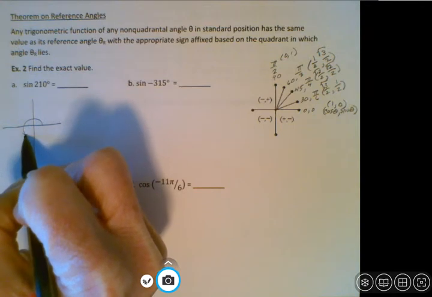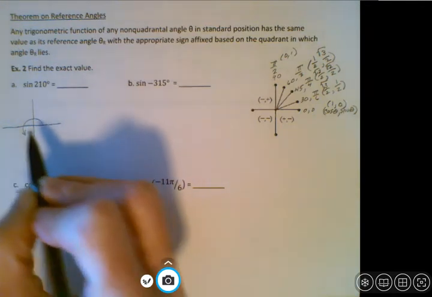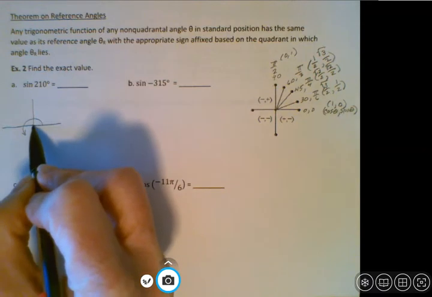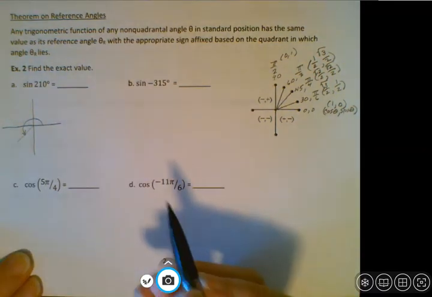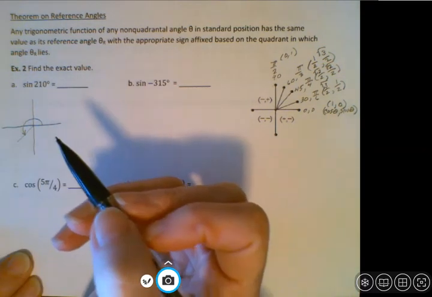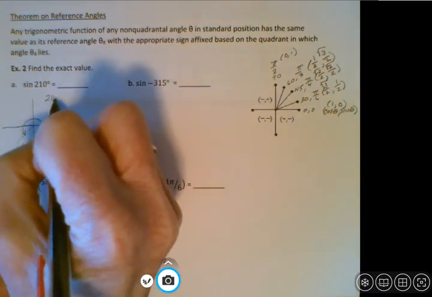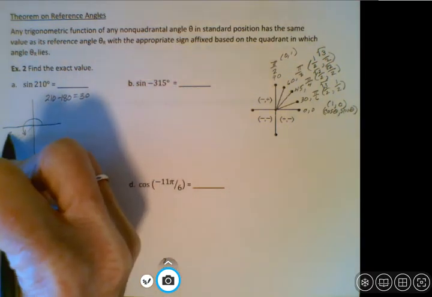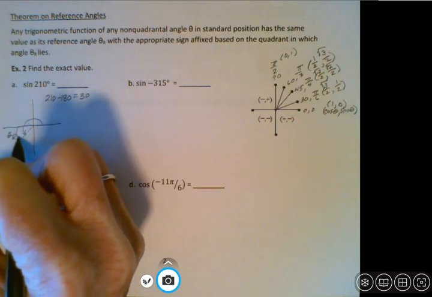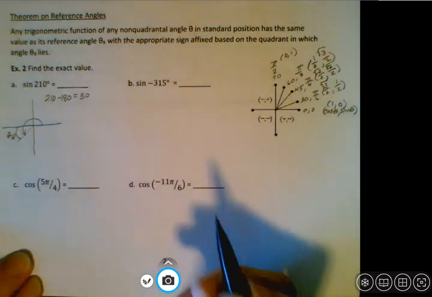So it goes to right here. So there's our angle for 210 degrees. So what's our reference angle? Well, it's 210 minus 180, or 30 degrees, right? This theta r, this little angle right there, that's the reference angle.